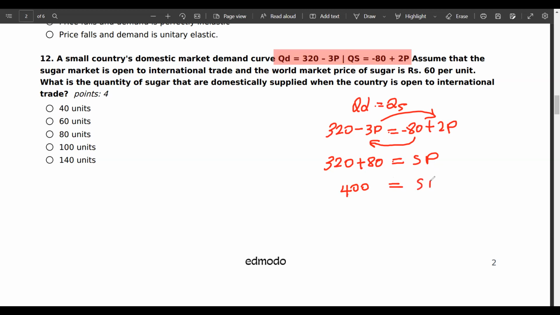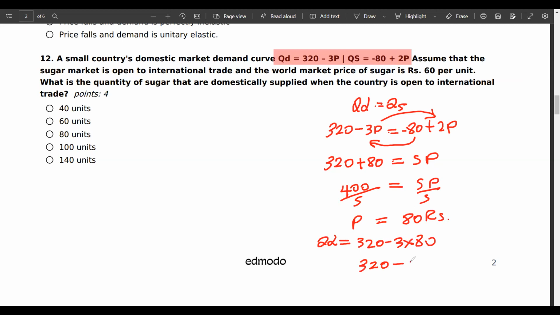equals 5P. You divide this side by 5, do the same on the other side. Equilibrium price now is how much? ₹80. And the equilibrium quantity is simple. We go to the demand equation. 320 minus 3 into 80. So 320 minus 3 into 80 is how much?